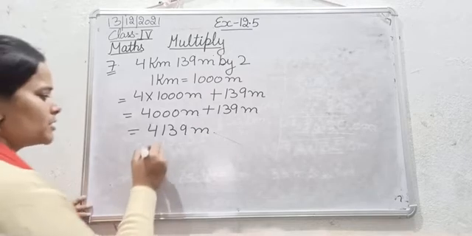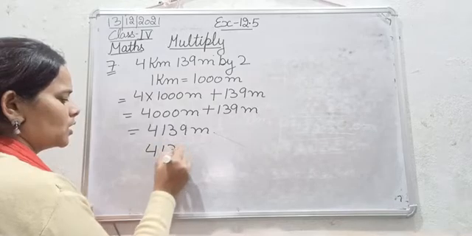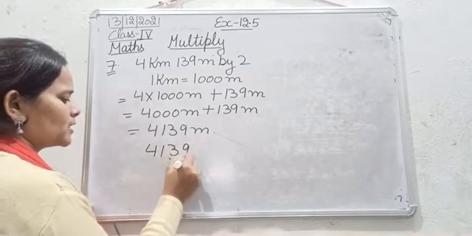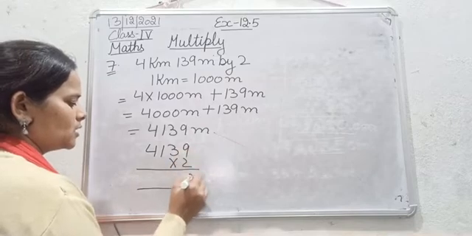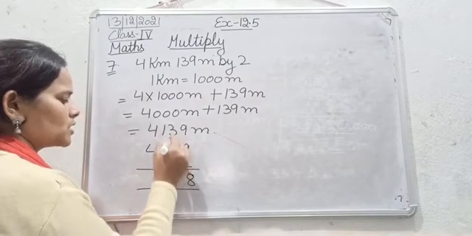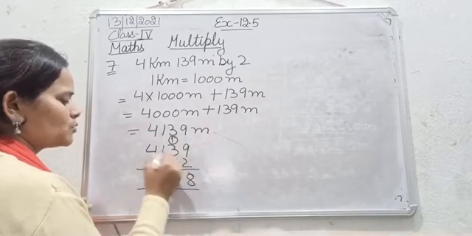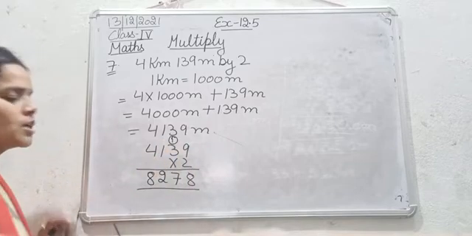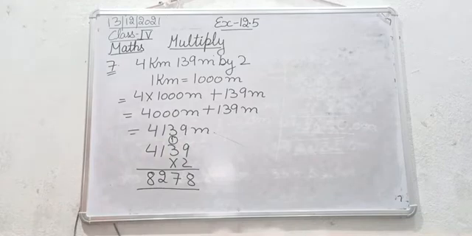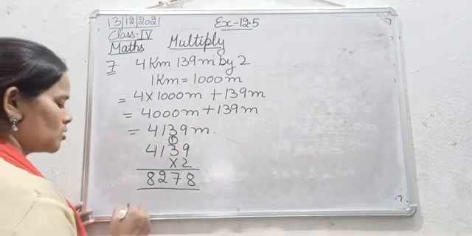Now just simply multiply it with 2 and you will get the answer. 2 nines are 18, 2 threes are 6 plus 1 is 7, 2 ones are 2, 2 fours are 8. So the answer is 8278 meter.